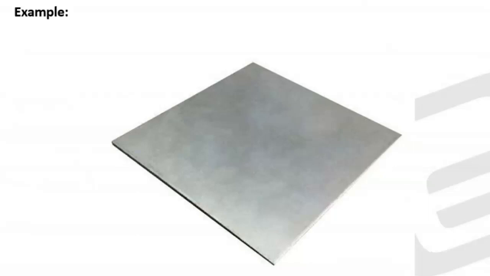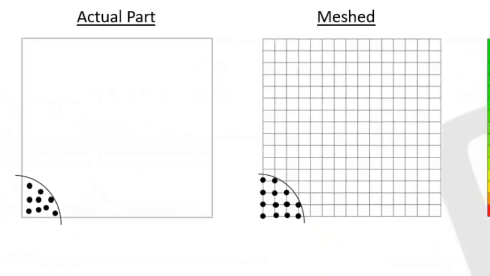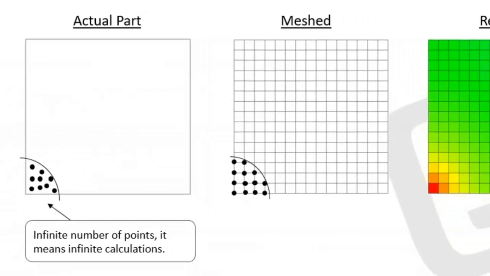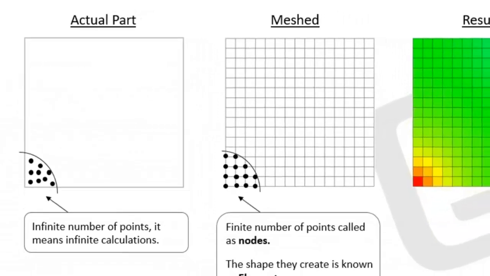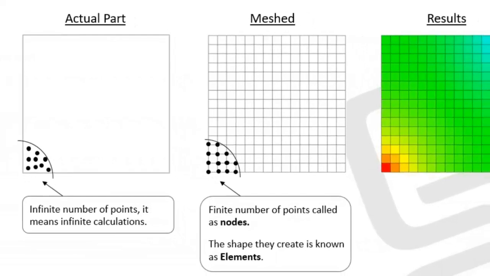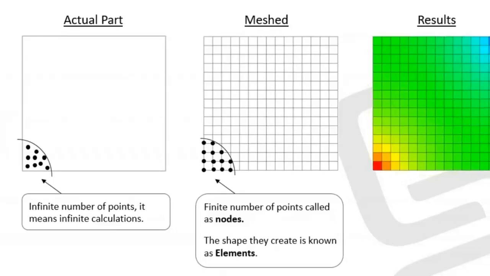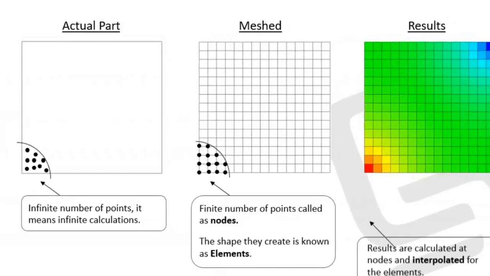So if I want to calculate the values of stresses on this plate, then actually this plate will have infinite number of calculation points. We as a CAE engineer create some calculation points which are called nodes. Then joining those calculation points, that is nodes, the software creates shapes which are called elements.